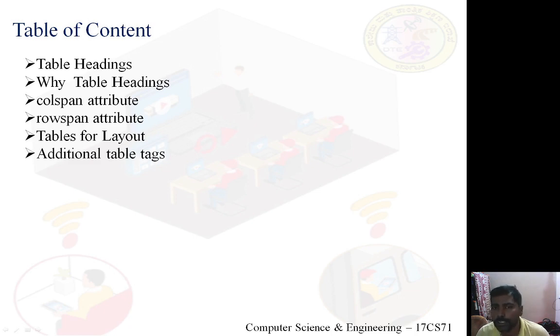These two attributes do that. Next, we'll look at tables for layout. At the last, we'll look at some important additional table tags, and then we will wind up the session.